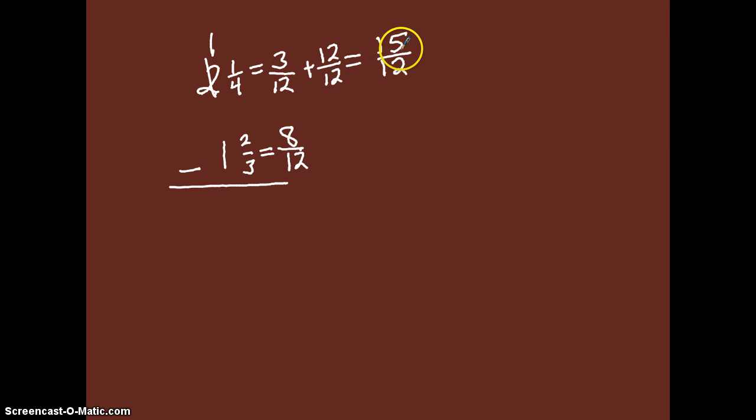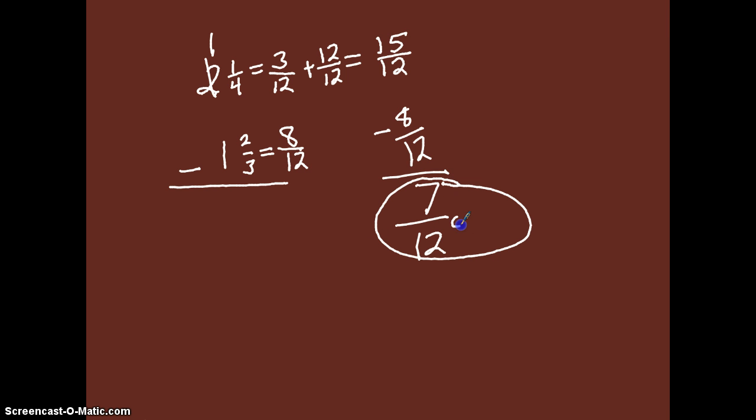So here I can say 15 twelfths subtract 8 twelfths. 15 take away 8 is 7, and then I can bring my 12 on down. 1 take away 1 is 0, so 7 twelfths cups is our answer.